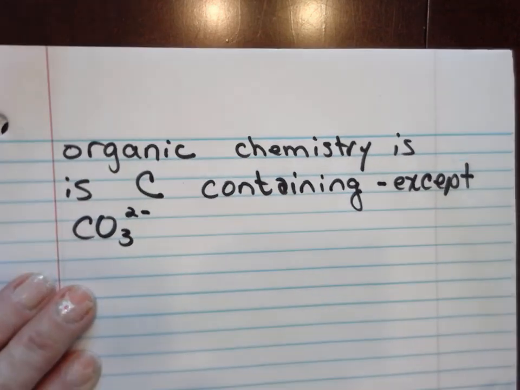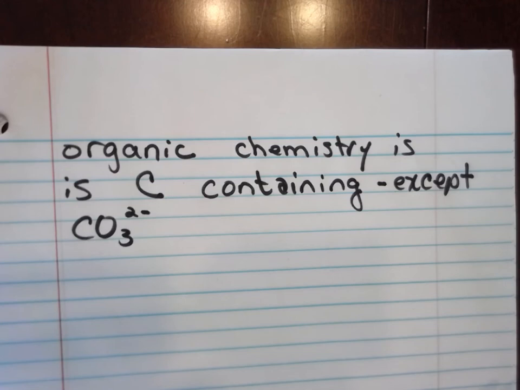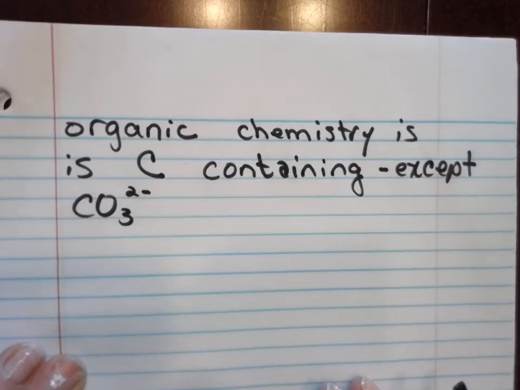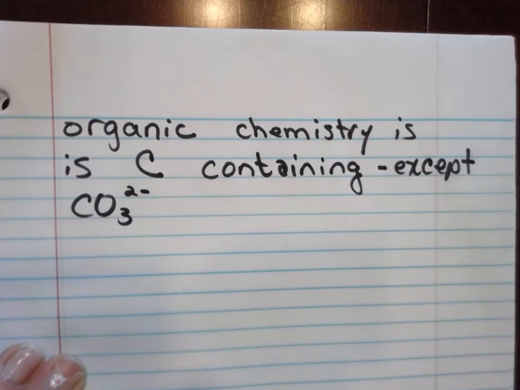So for example, especially in this area where we live, there's a lot of limestone. Those rocks contain carbonate. Rocks are not organic, and carbonate is not organic. But organic chemistry is chemistry that contains carbon, except for the carbonate.